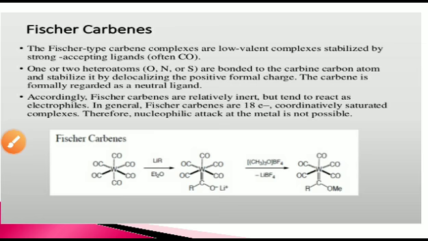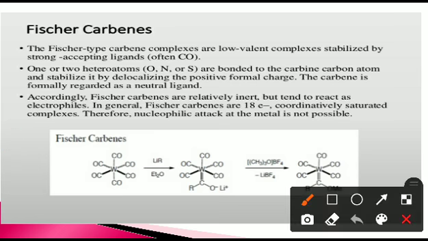The Fischer carbene complexes are low valent complexes. That means the central metal has a low oxidation state. Here tungsten, W, is the central metal atom in a low valent complex, stabilized by a strong accepting ligand.